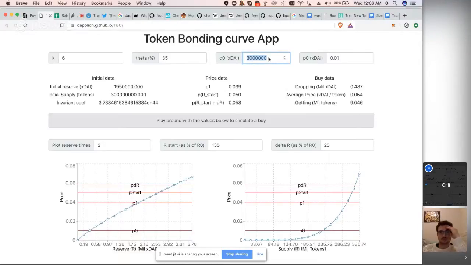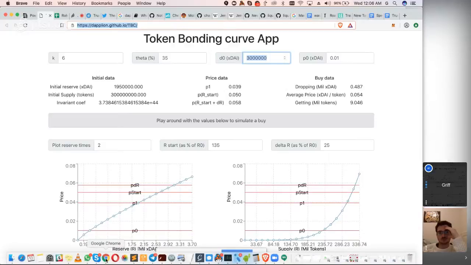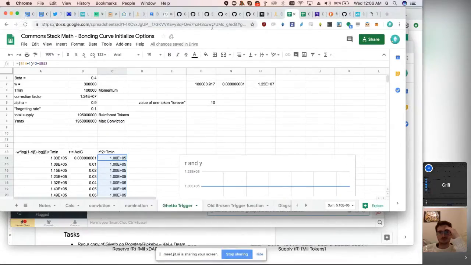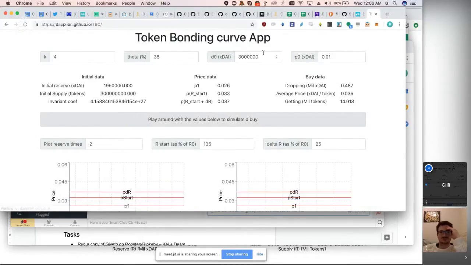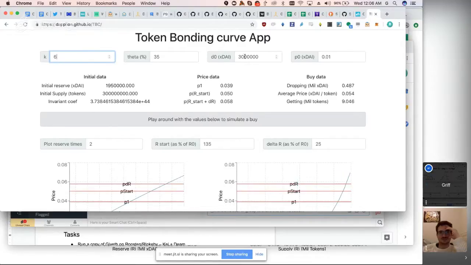Oh man, dude, there's a bug in this React app. Anytime I try to change D naught, it fails. Open an issue. What a bastard. What a punk. That's okay. That's why he's not coming with us to Odyssey. Let's see. Oh, maybe I'll try this. Oh, okay, it works if I do this.